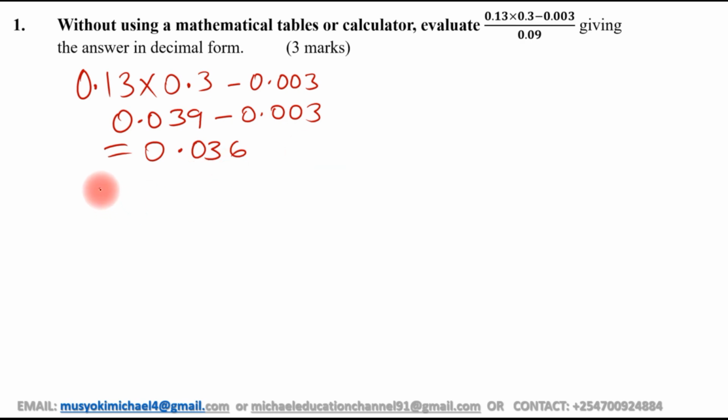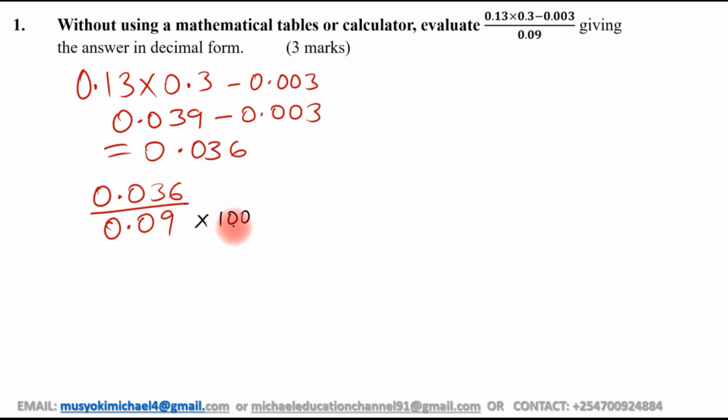Then we are going to divide the simplified numerator by the denominator, that is 0.036 all over 0.09. We want to get rid of the decimal, so we multiply the denominator by 100, since it has 2 decimal places.